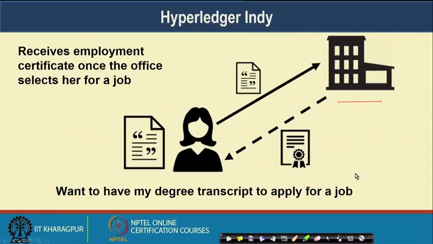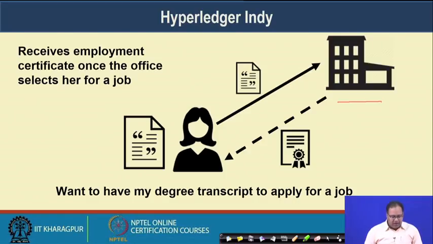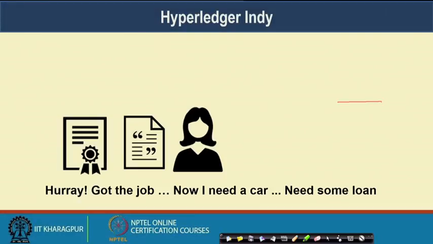And then the company can offer a service, offer a job to Alice, and they can provide an employment certificate to Alice. Now, Alice has this employment certificate. So, she is very happy now, she got the transcript from the college, and she got the employment certificate by getting a job in a company.